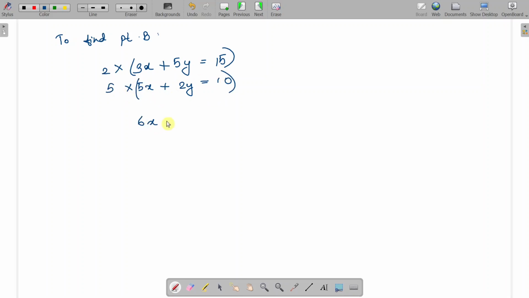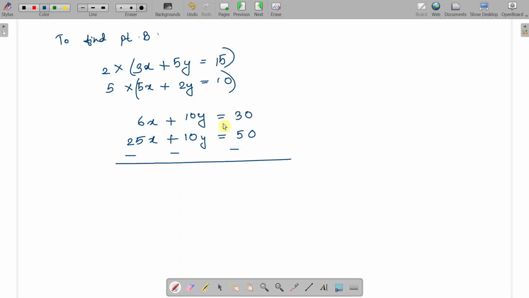What we will get is 6x plus 10y equal to 30, and 25x plus 10y equal to 50. So subtracting, the 10y gets cancelled, and then minus 25 plus 6 is minus 19x equal to 30 minus 50, which is minus 20. So that means x is nothing but 20 by 19.